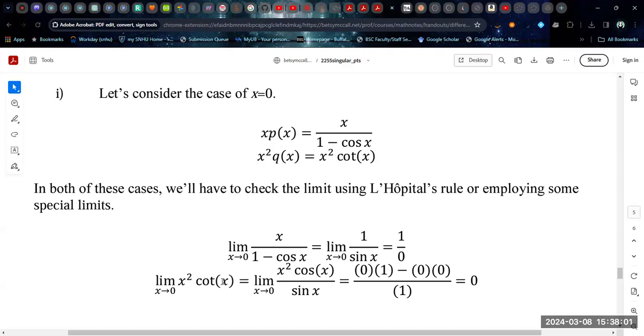Cotangent of x is going to give us a similar headache. If we plug in 0, cotangent of x is actually undefined at 0, but I can rewrite it as cosine over sine.